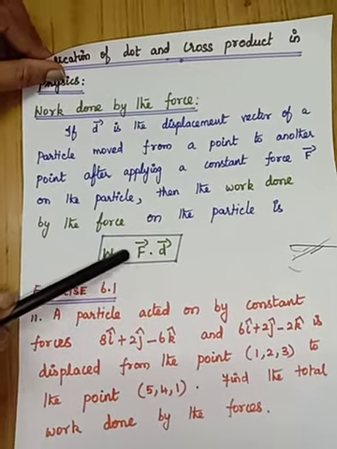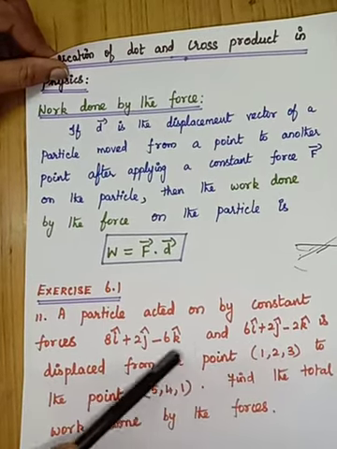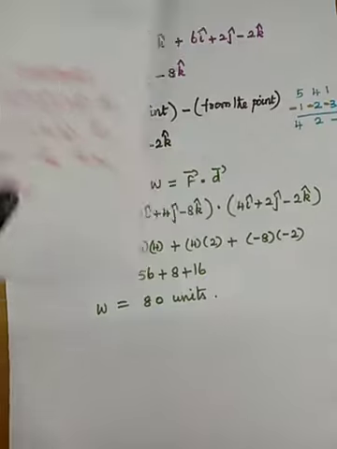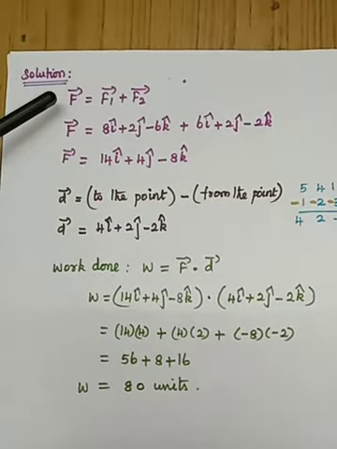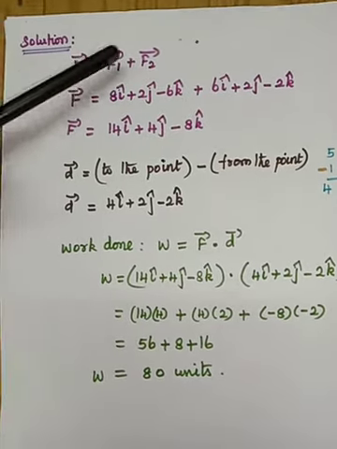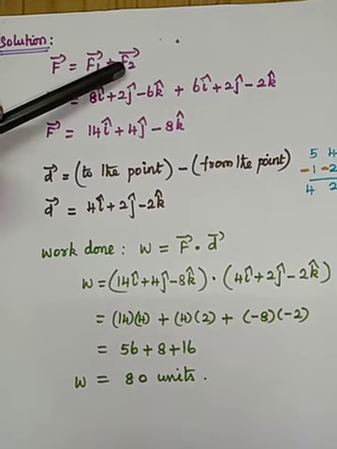So first you have to find the F vector. How many forces are acting here? Two forces are acting, so we have to find the total force. The total force is denoted as F vector. It is the sum of the first vector and the second vector, that is F1 vector plus F2 vector.